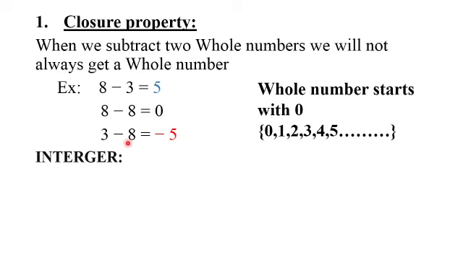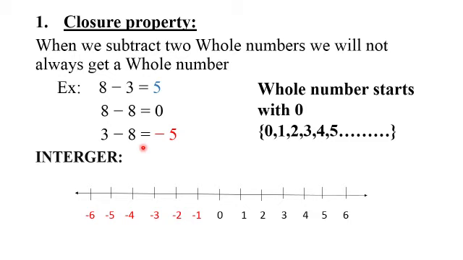Integers are nothing but all the positive numbers and the negative numbers, along with 0, but we are learning only whole numbers now. Whole numbers start with 0, 1, 2, 3, 4, 5.